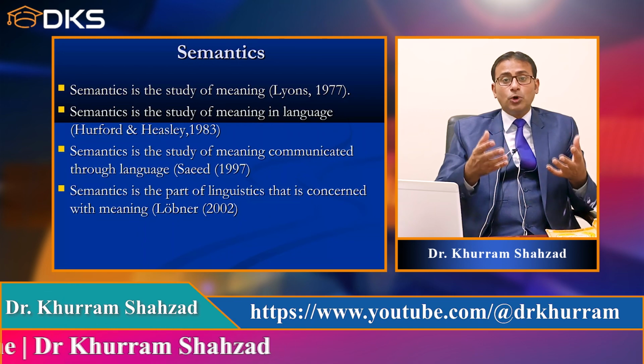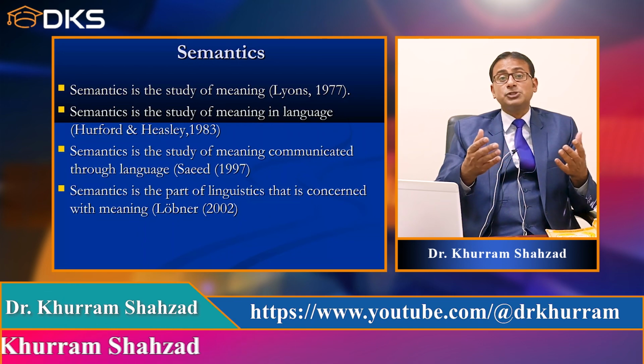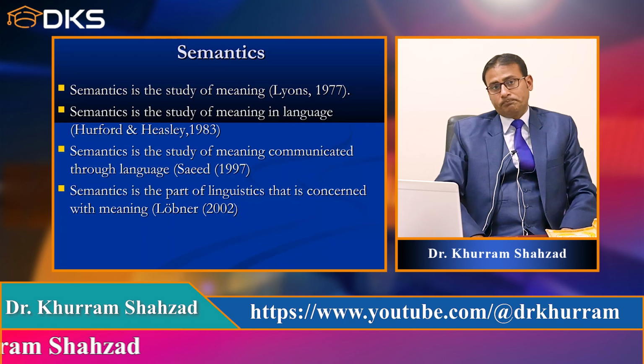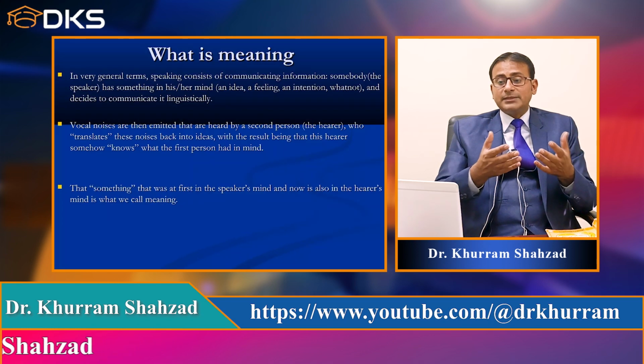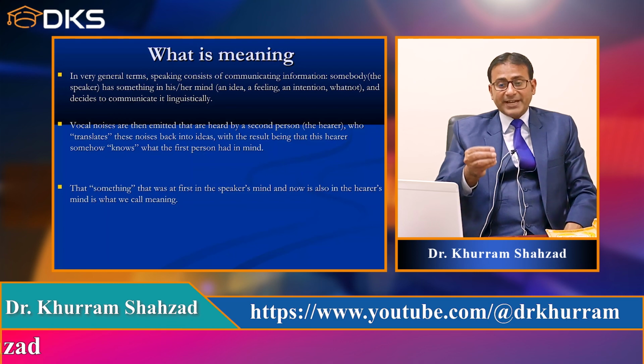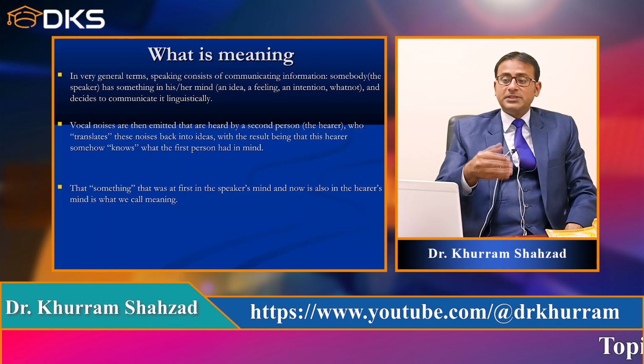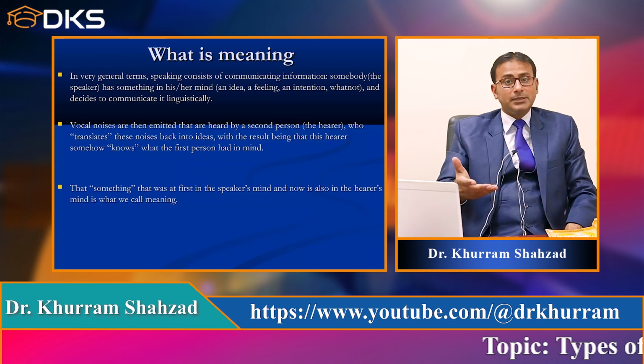The person decodes those sounds and tries to understand the meaning. These vocal noises are emitted and heard by a second person, the hearer, who translates these noises back into ideas, with the result that the hearer somehow knows what the first person had in mind.